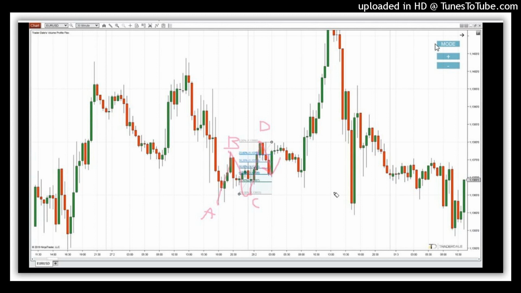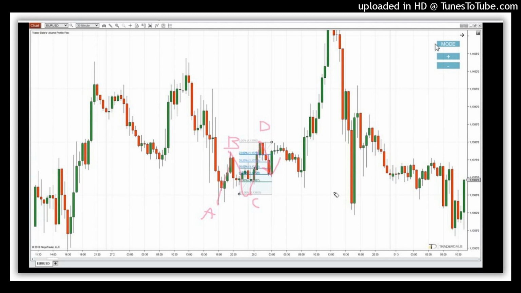So A, B, C, D. Here the price hits the level and you go short. A, B, C, D. Now what's next is another ABCD setup in here.